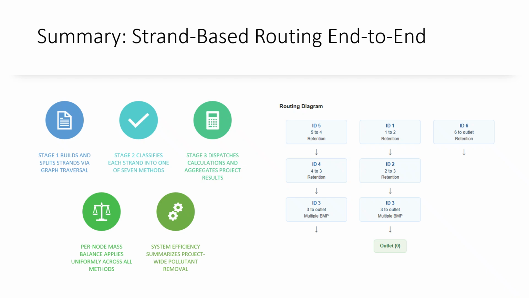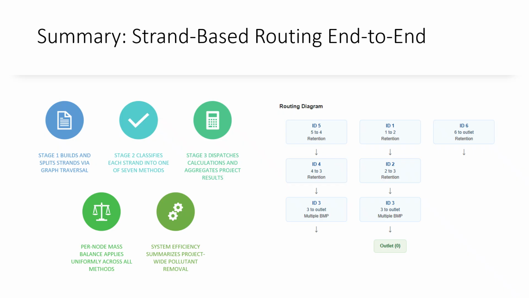Stage 3 dispatches each strand to its specialized calculation procedure, processing them in dependency order so that upstream results are always available before downstream strands are evaluated. Once all strands have been processed, outlet loads are aggregated from terminal strands only, and total catchment loads and removed loads are summed for both total nitrogen and total phosphorus.